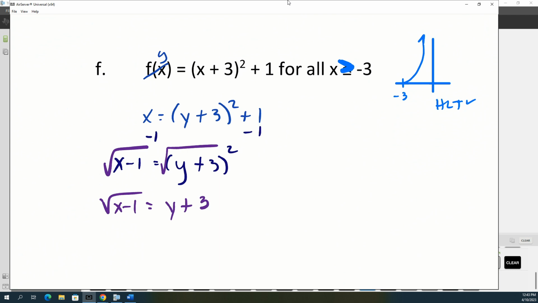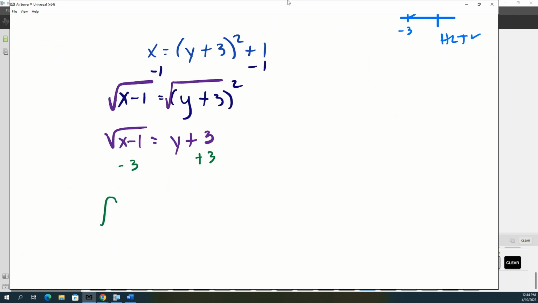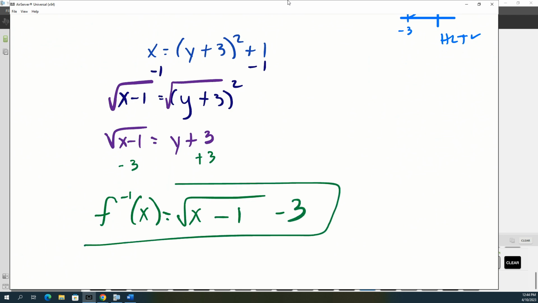Why can't you just move over the square? To get rid of the square, you take the square root. Because the square root is something squared, they cancel each other out. And you're just left with what's underneath. All right, and then finally, we're going to add that 3. All right, so f inverse of x is going to be the square root of x minus 1. And then that minus 3 needs to be on the outside.